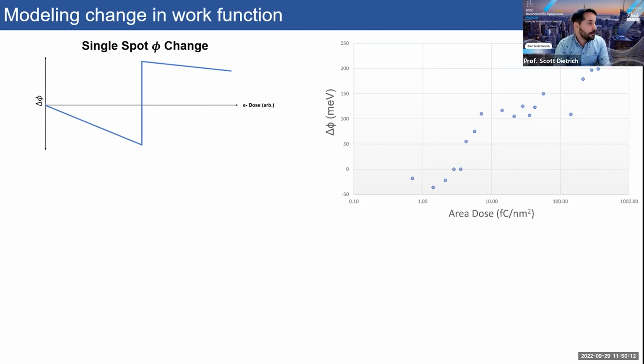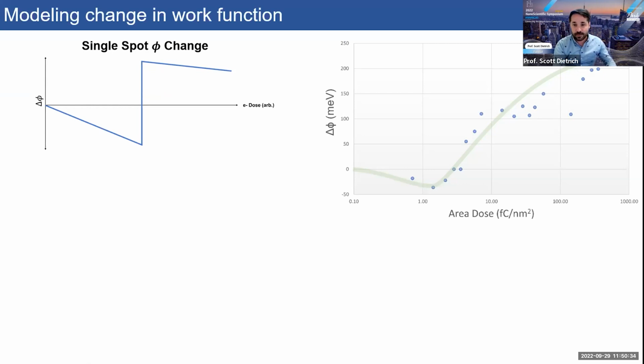And so our AFM tip is an order of magnitude bigger than the little islands that we'd be measuring. And so really we have a curve that doesn't just look like an abrupt phase transition that we'd expect for each island. We have it smoothed out.